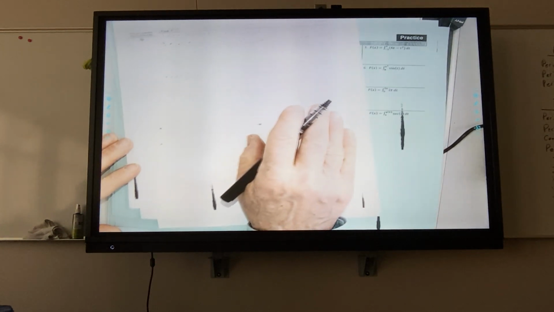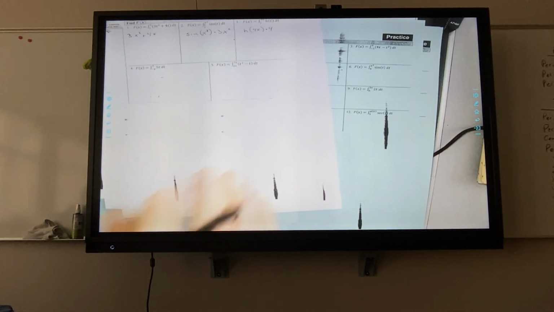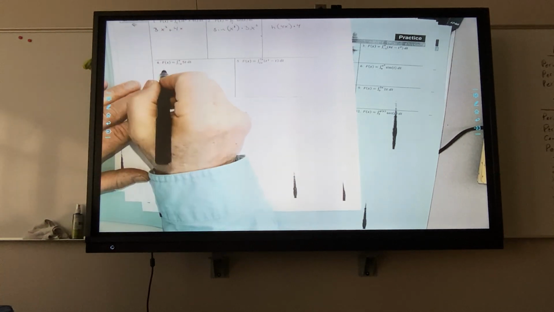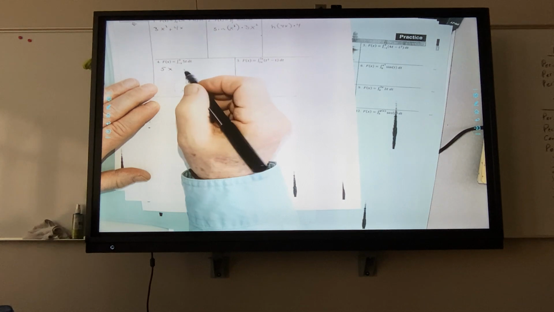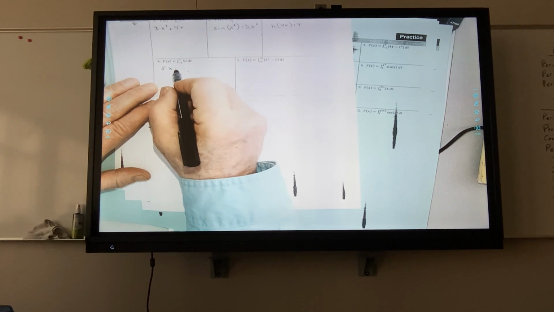Okay, let's look at this one. Wow, I have to figure out what's going on here. I have to get rid of this thing. All right. 5x. What's the derivative of x? 1. So I don't have to write anything.